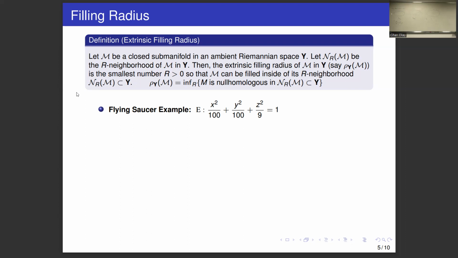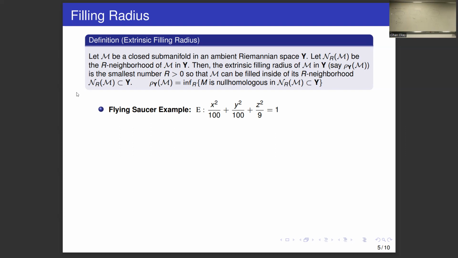I am taking r-neighborhoods in my R^n, and the first time it becomes trivial, M is null-homologous in an r-neighborhood, the smallest one. r is increasing. The first time it becomes trivial is going to be my extrinsic filling radius. The word extrinsic comes from the fact that it depends on the ambient space R^n.